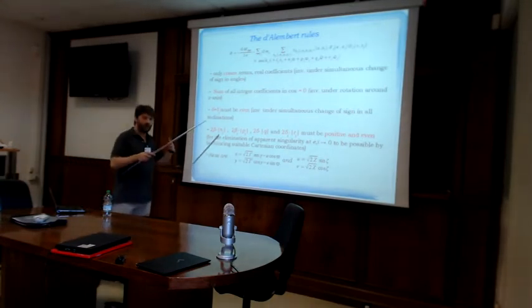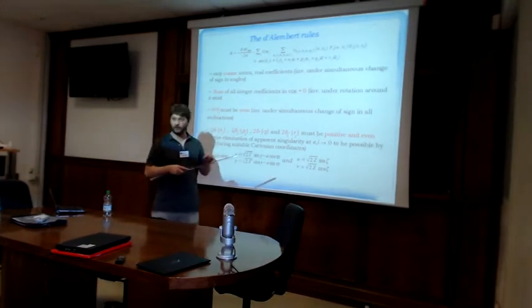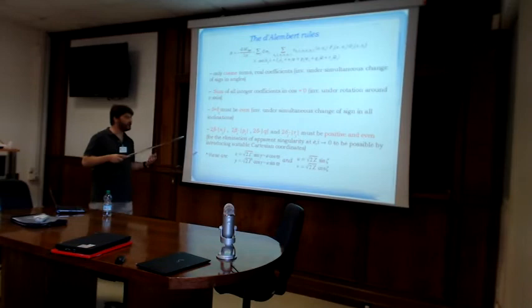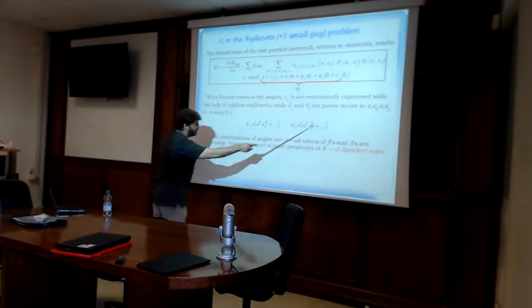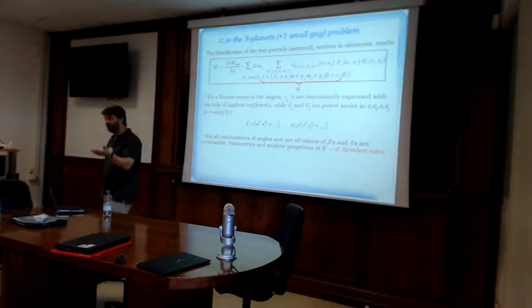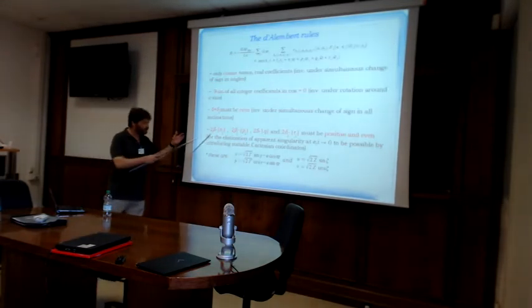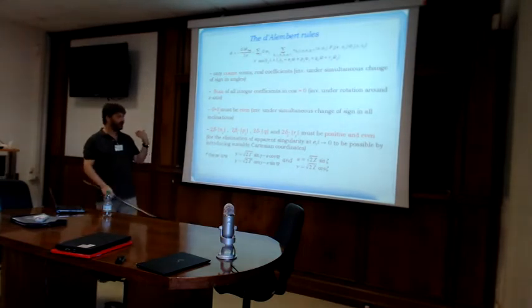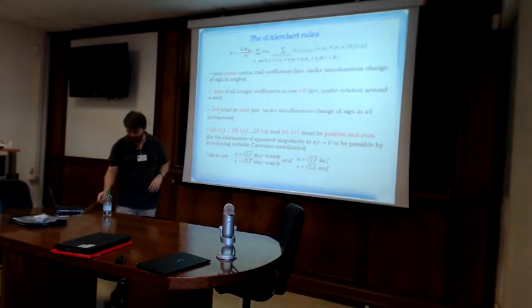And the sum of all integers in the linear combination should be 0 because it has to be invariant under a rotation around the z-axis. The sum of the powers in the inclinations has to be even because it has to be invariant under a change of sign of both inclinations, and another set of rules for the other integers, n_p and q_r, which must be positive and even.